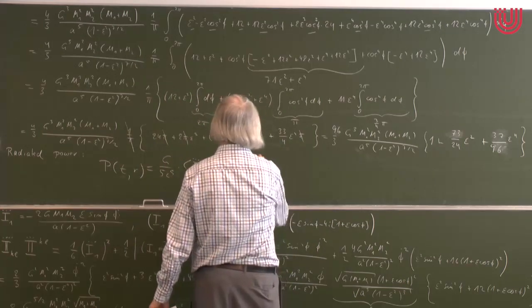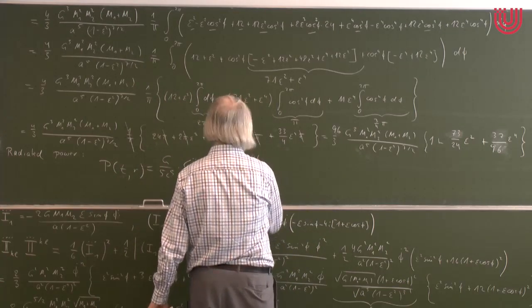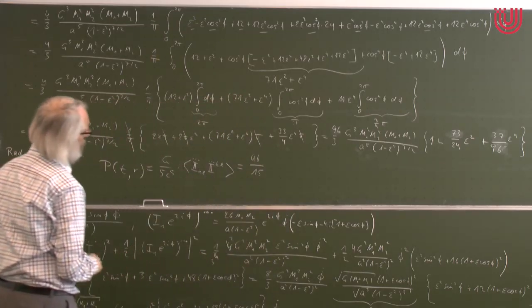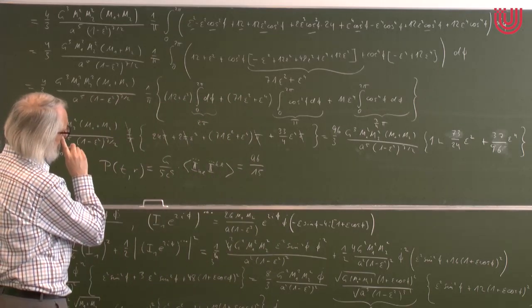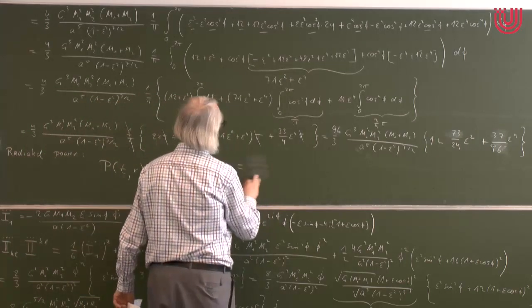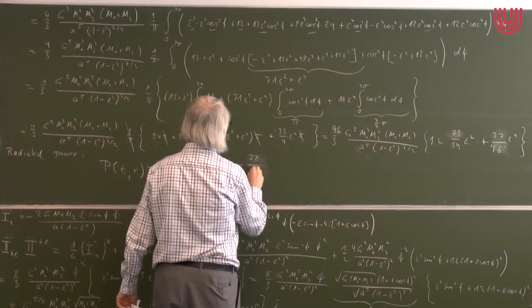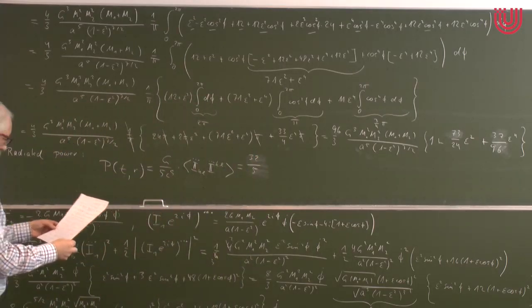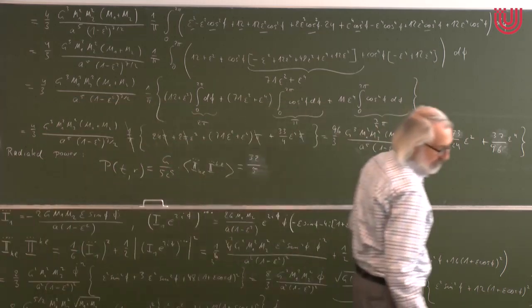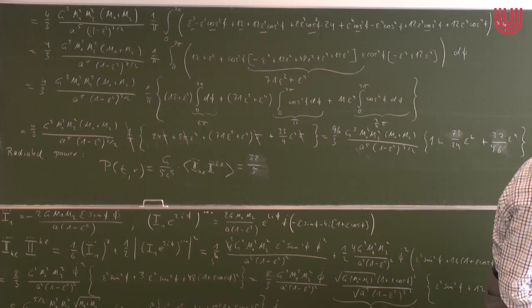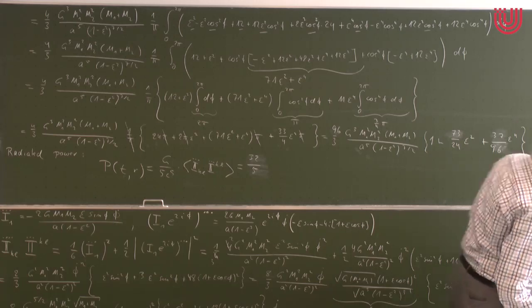So then I have 96. There's another 5, so I have a 15 here. I think this can be simplified. I can divide by 3, right? This is 32 by 5. 32 divided by 5. Is that true? Let me check. 32 by 5, yes.